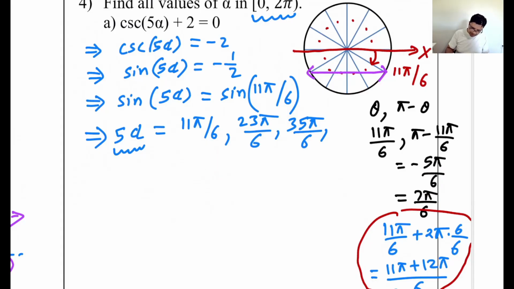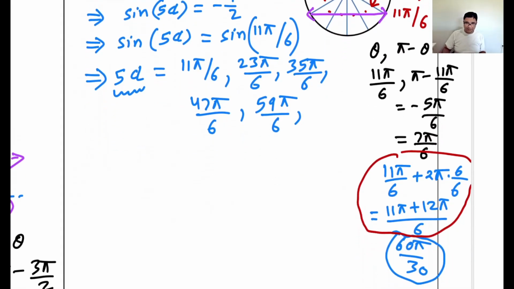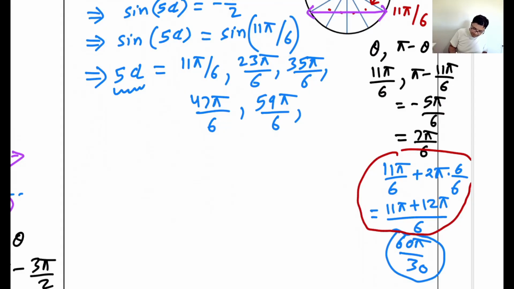So I'm going to erase this for the time being. I'll come back to it again. Next value would be 47 pi over 6. Then 59 pi over 6. I'm just adding 12 pi, 12 pi, 12 pi to the numerator. Okay. And then we start with the next chain, which is 7 pi over 6.